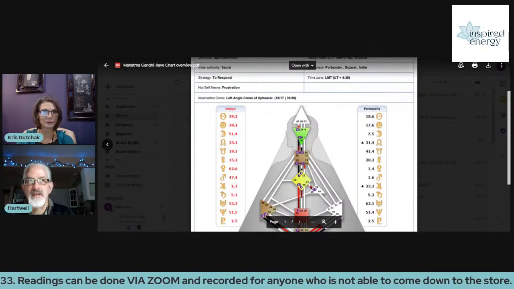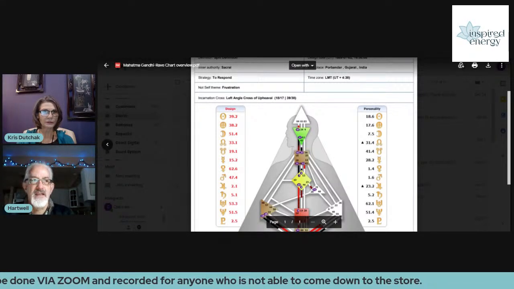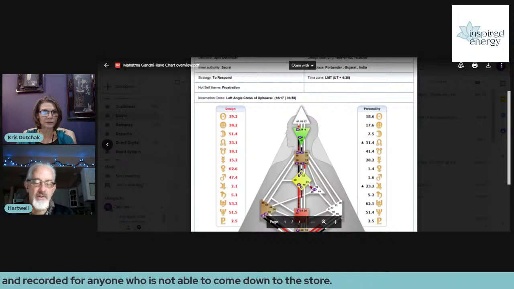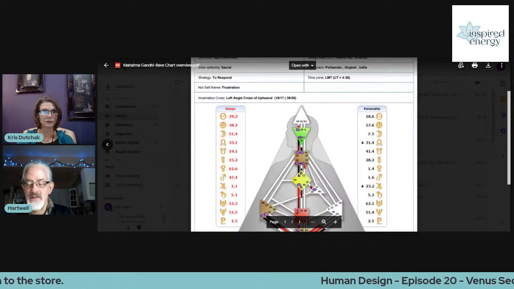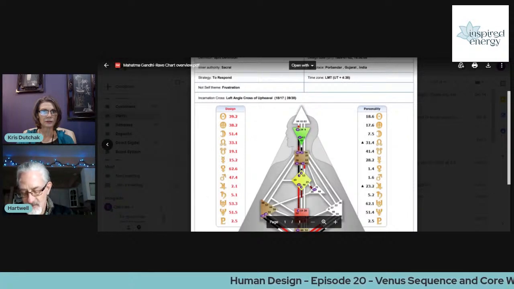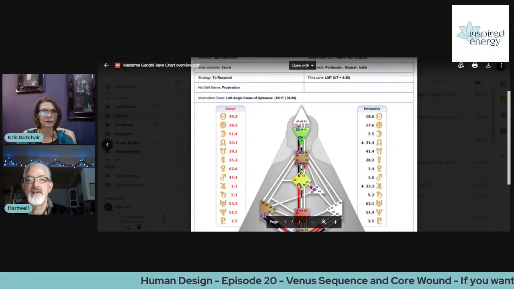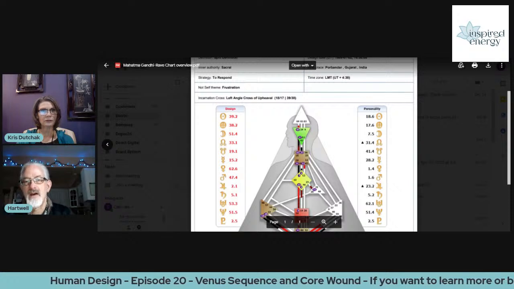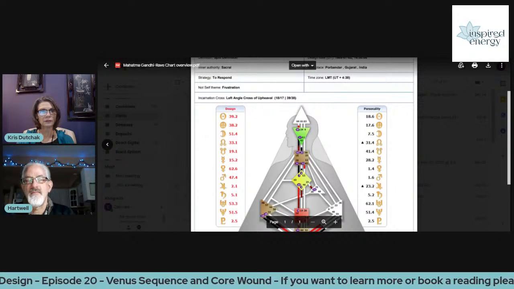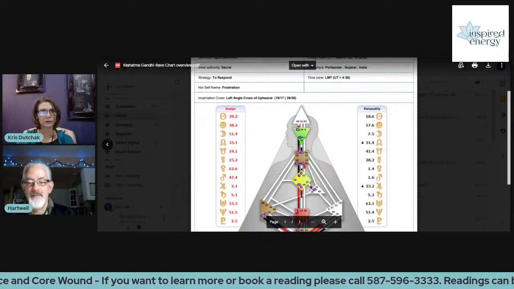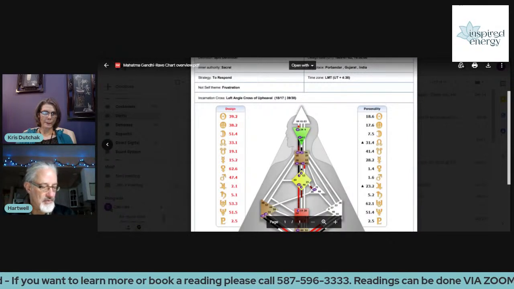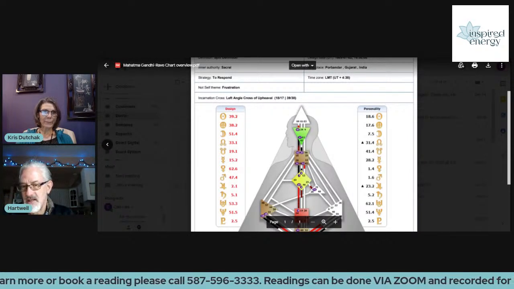Yeah, the Venus sequence, Kris, is encoded within your human design as a sequence that gets you down to the core of your ability to love and be loved and to be connected to God. This is coming out of Richard Rudd's work, like the Gene Keys.